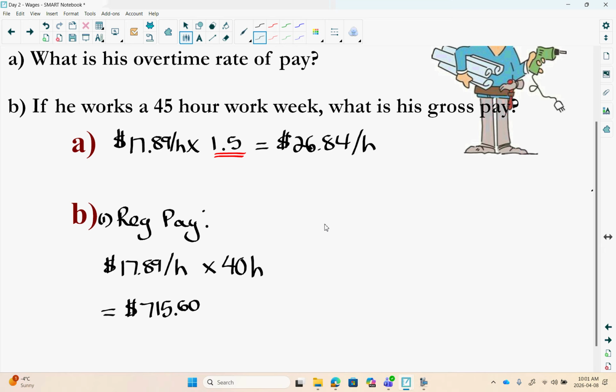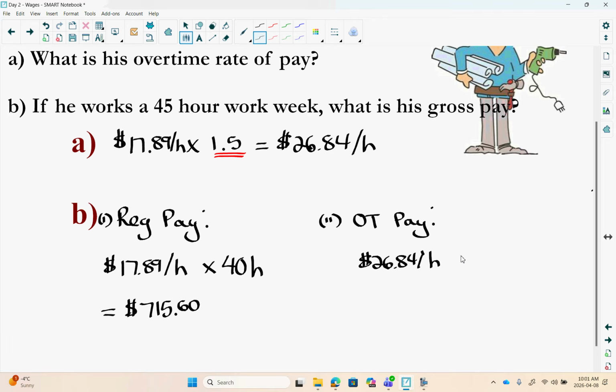Now, step 2 is to figure out his OT pay. OT stands for what? Overtime. So what does he get paid for overtime hours? That's what we figured out in part A. $26.84.